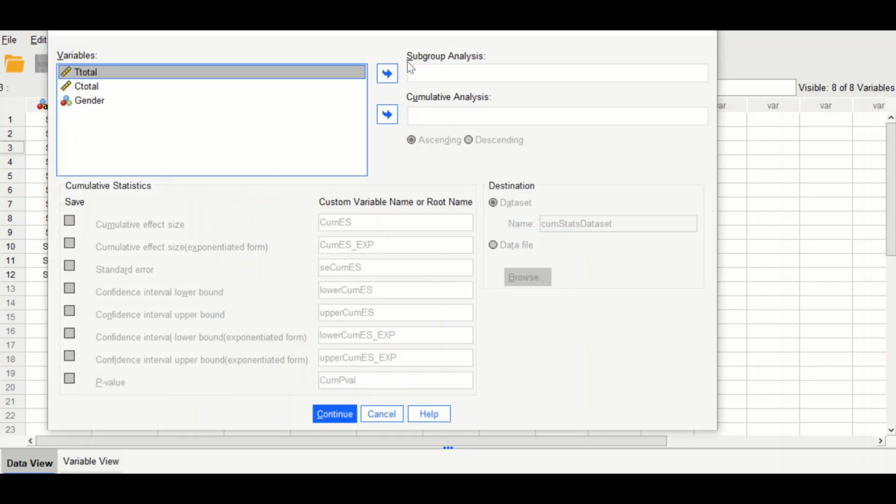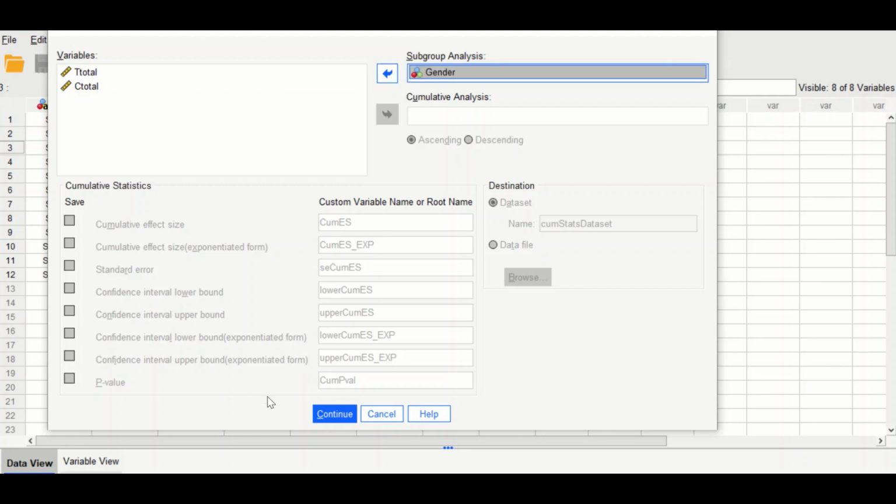On the analysis, here is the section where we will perform subgroup meta-analysis, and since we will subgroup the studies based on gender, move the gender into the section here for subgroup analysis.